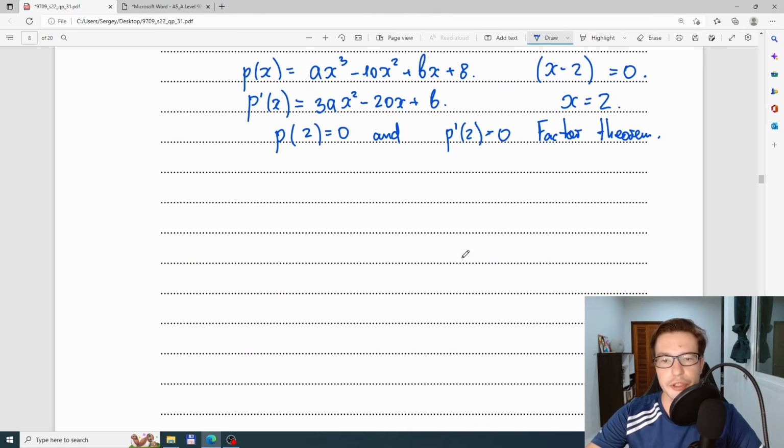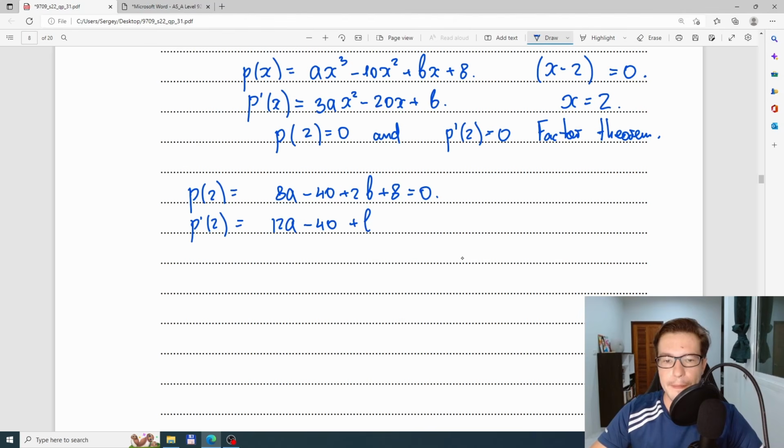Let's start by substituting 2 into the polynomial. We get p of 2 equals 8a minus 40 plus 2b plus 8. And let's make it equal to 0 and do the same for the derivative. P derivative of 2 becomes 12a minus 40 plus b. And again, I'm going to make it equal to 0.